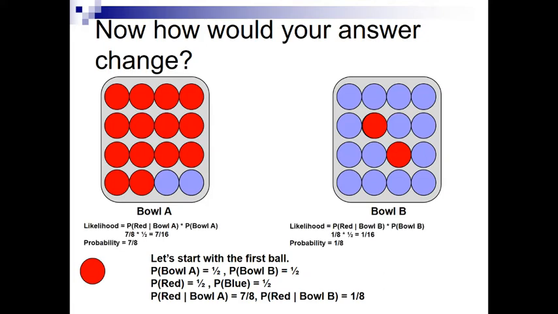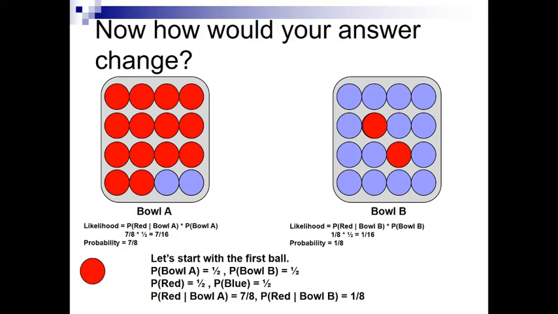So now we can compute the probability of red given bowl A times the probability of bowl A, and that's going to give us 7/16. So the likelihood that this red ball came from bowl A is 7/16, but that's not necessarily a probability, and we'll see why.